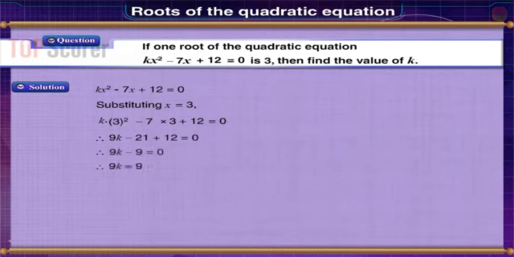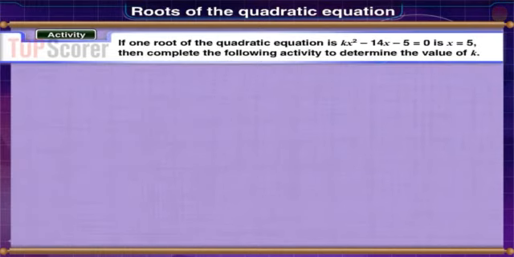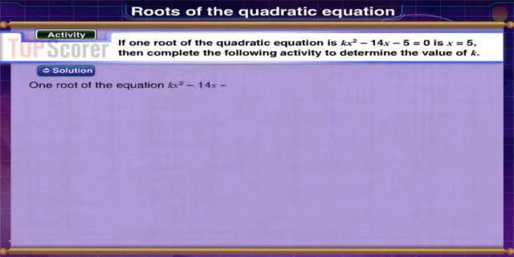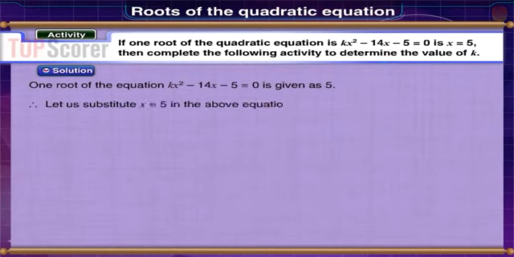Let us do an activity. If one root of the quadratic equation kx square minus 14x minus 5 is equal to 0 is x is equal to 5, then complete the following activity to determine the value of k. Solution. One root of the equation kx square minus 14x minus 5 is equal to 0 is given as 5. Therefore, let us substitute x is equal to 5 in the above equation.